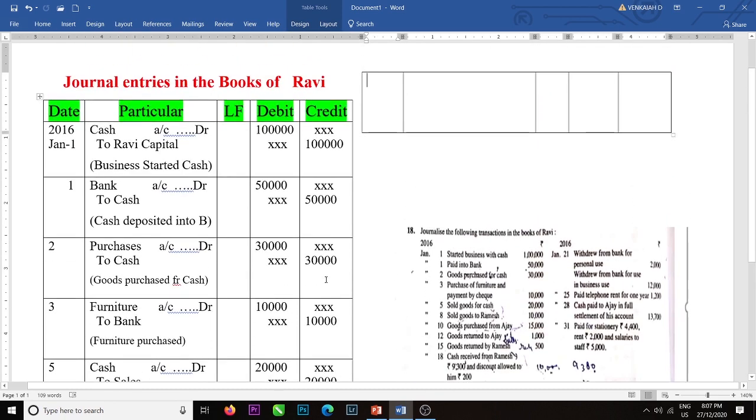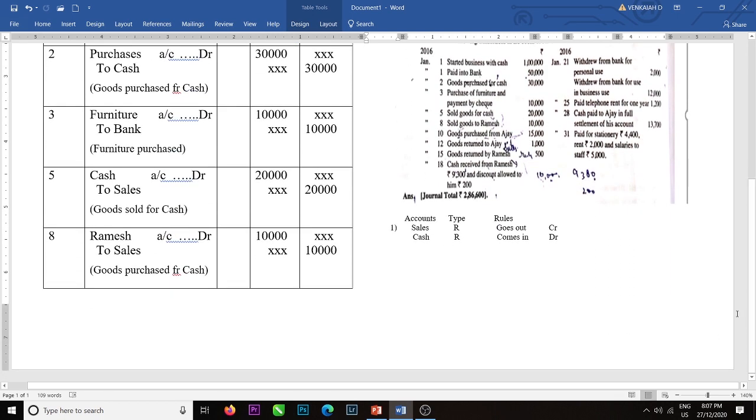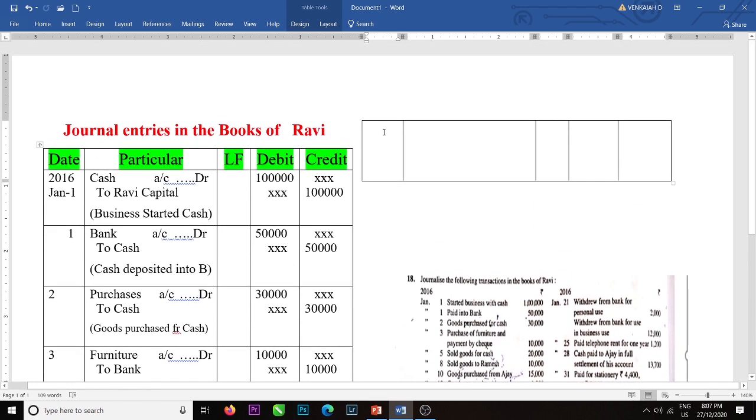Goods are coming in or going out? Date is 10th.